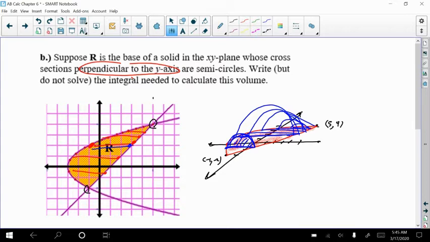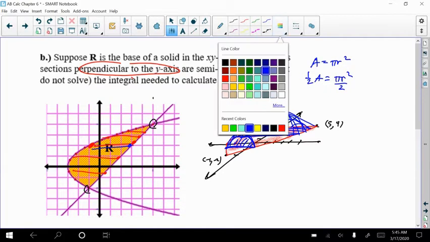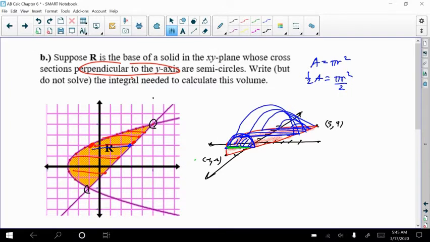So remember, semicircles have an area. If the area of a normal circle is pi r squared, a semicircle is half of that. So we could think pi r squared over 2. And this happened in the last example too. Remember, when we are measuring this distance across, that's not the radius of the circle.